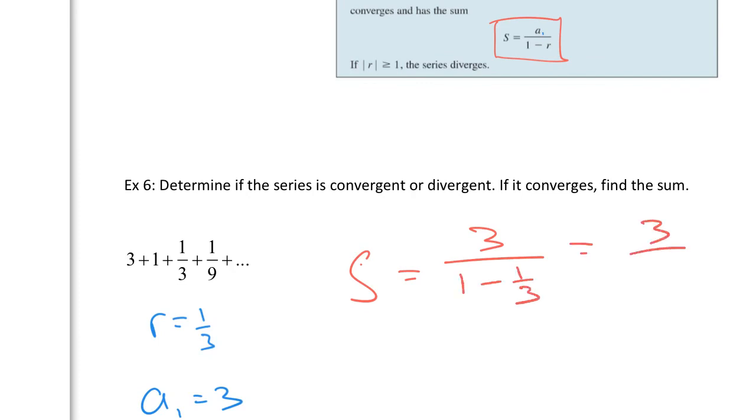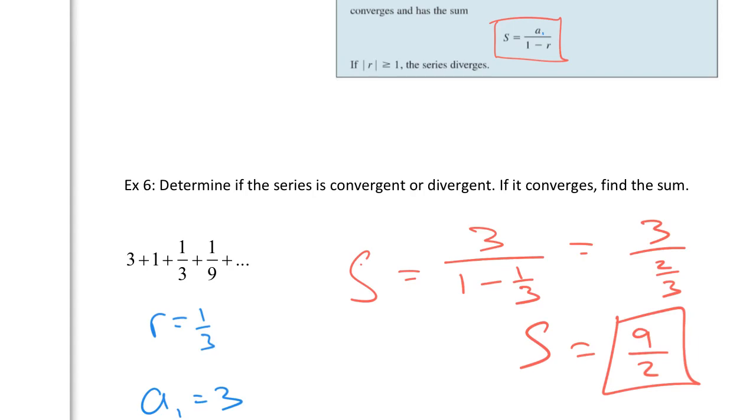So that's 3 over 2/3, which is 9 over 2. And so we say that the sum of that infinite series is 9 over 2. And that's the number that this would get really, really close to. If you went on your calculator and started typing in 3 plus 1 plus 1/3 plus 1/9 plus 1/27 plus etc., you would see you're getting really close to 4.5.